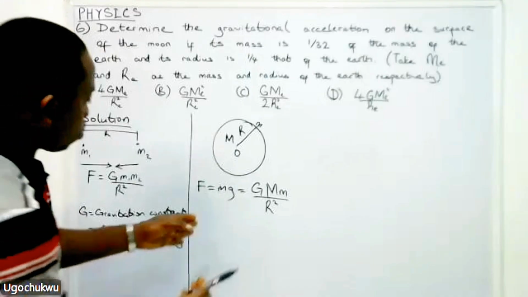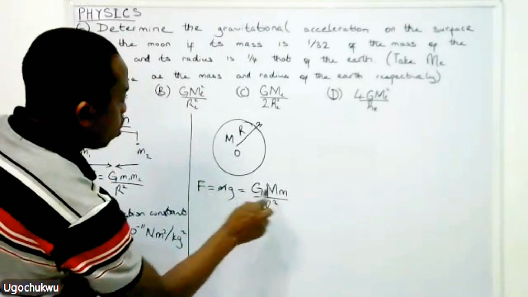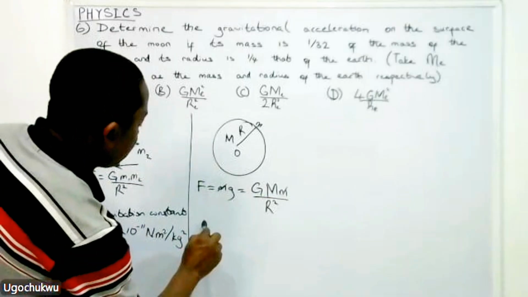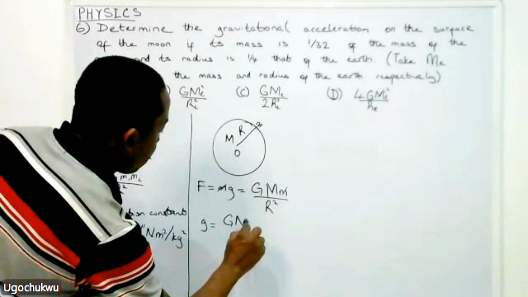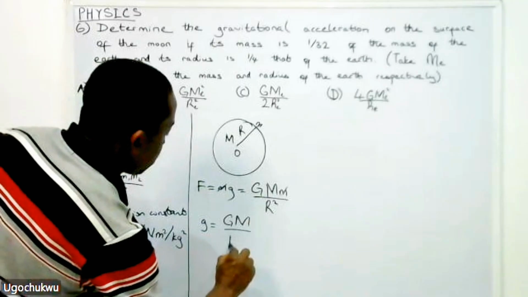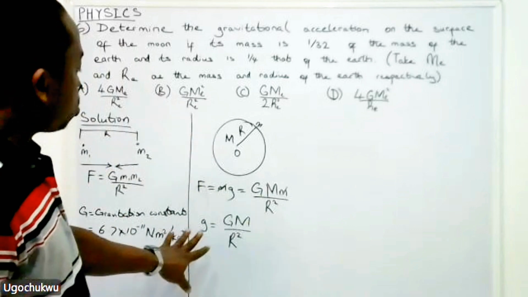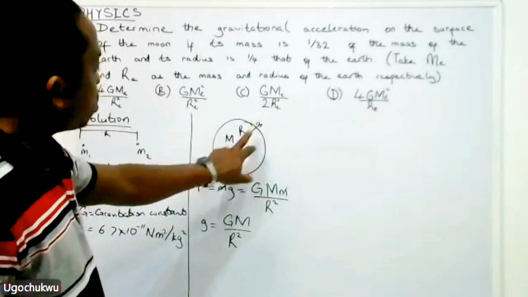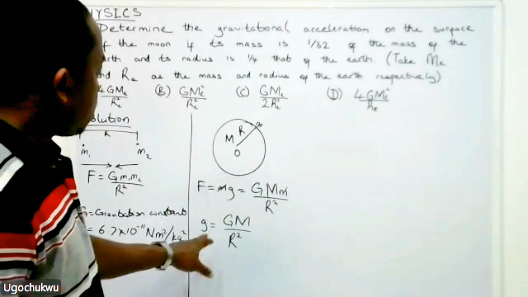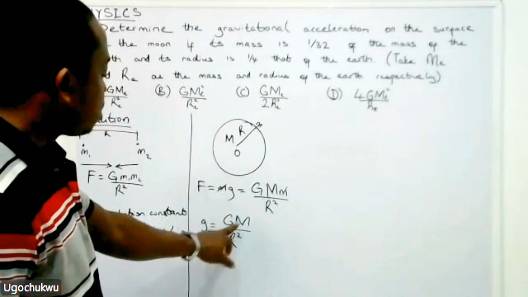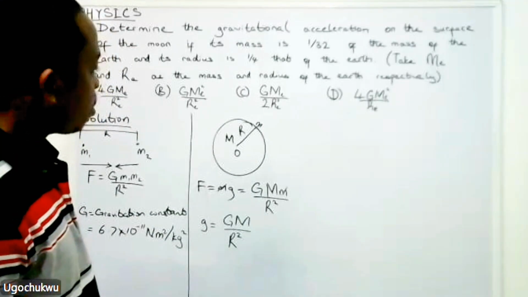So we can say that this m will cancel out this m. So we have g is equal to G M all over R squared. So basically, the gravitational acceleration on the surface of the Earth is equal to the gravitational constant times the mass of the Earth over the radius of the Earth squared, right?